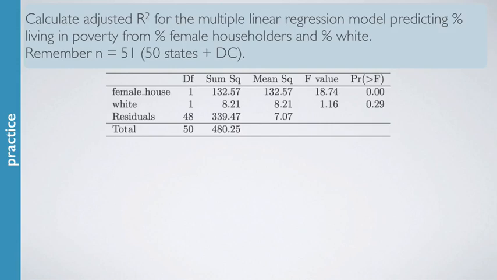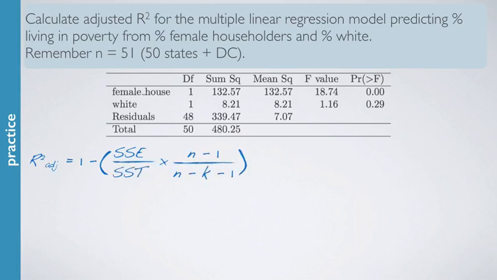Here we have the multiple linear regression model predicting percentage living in poverty from percentage of female householders and percentage white. And remember that our n, sample size, was 51. That's the 50 states plus DC. So to calculate adjusted R squared, I simply find the ratio of the unexplained variability to the total variability, apply my penalty to that, and then we want to subtract that from 1.